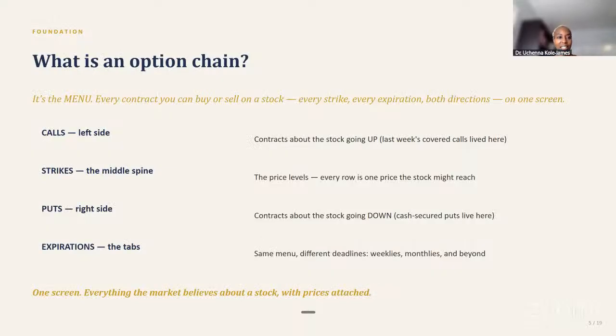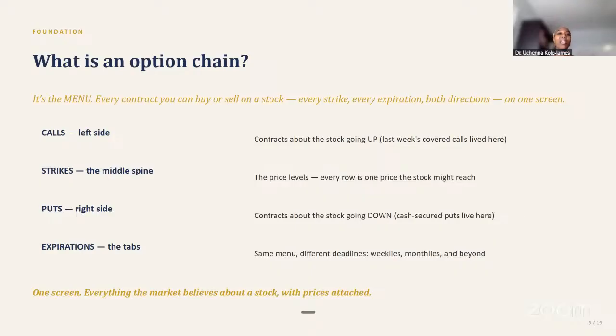So, what is an option chain? It's the menu. Every contract you can buy or sell on a stock, every strike, expiration date, both directions, it's all on one screen. You have the calls on the left side. That's what you want to buy when you think the market's going to go up.